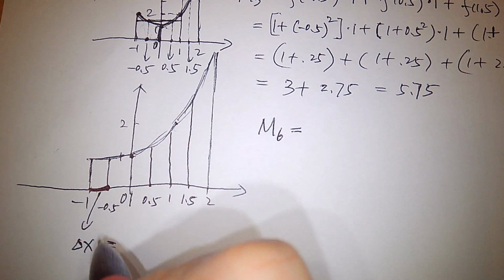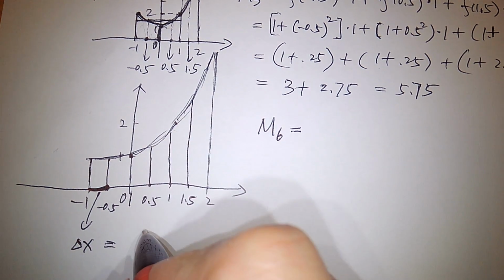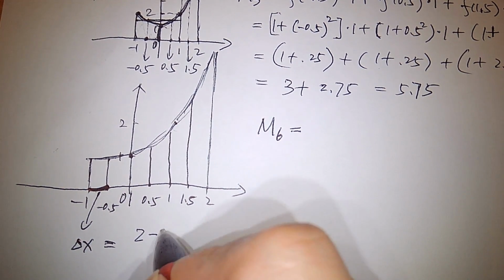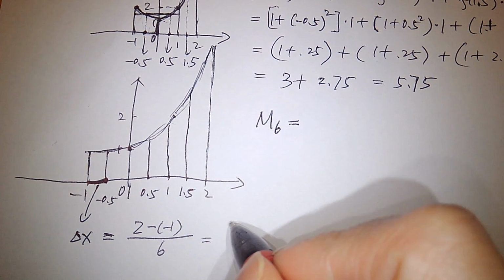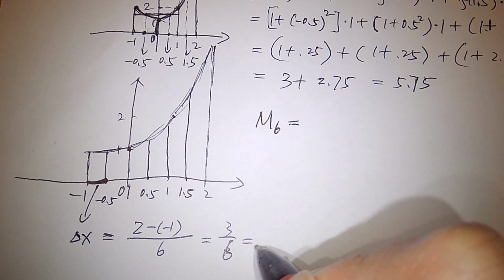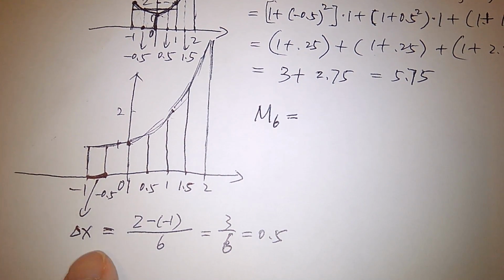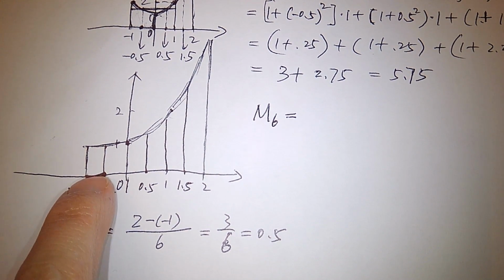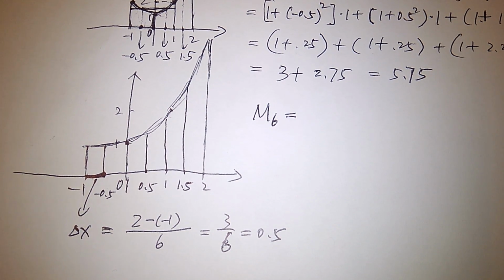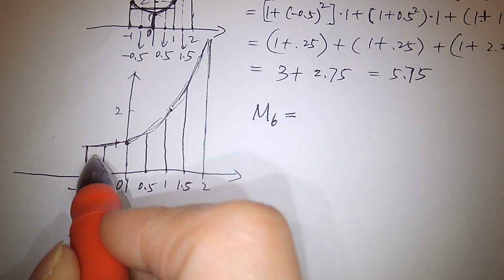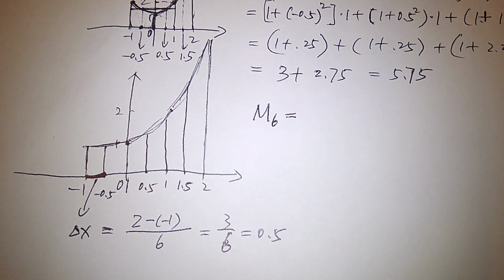0.25? Delta x means the length of this subinterval, right? Let's use this way: b minus a divided by 6 subintervals. Let's compute it. 3 out of 6 is what? 0.5, okay? So delta x, the width for each rectangle, will be 0.5, right? We only need to find the height.